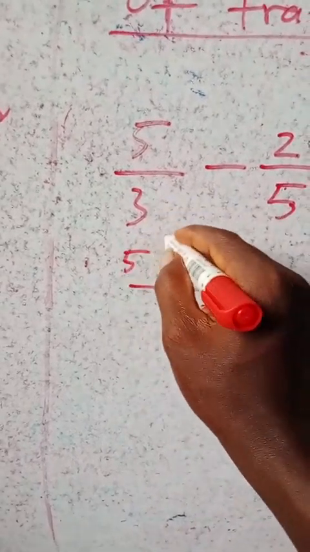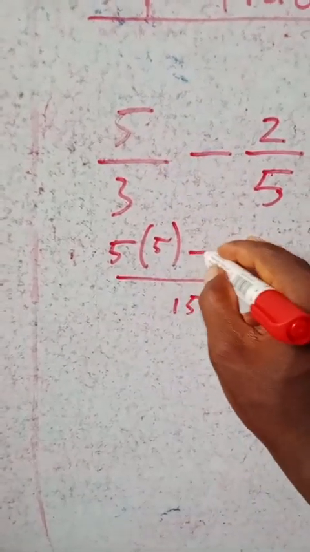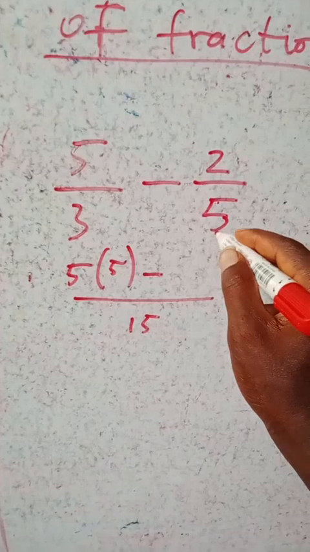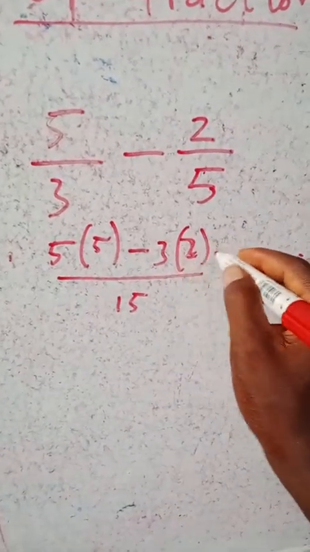So write down 5. Multiply by, bring down this 5 here, okay. Then minus 15 divided by 5 is 3. Write down 3 here, and then put the 2, okay.